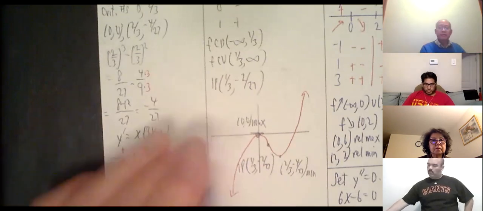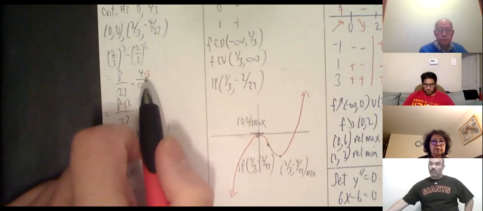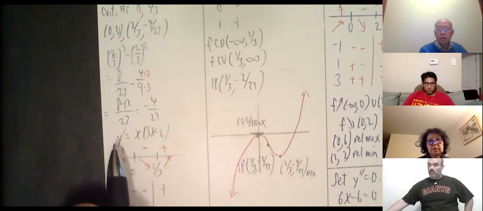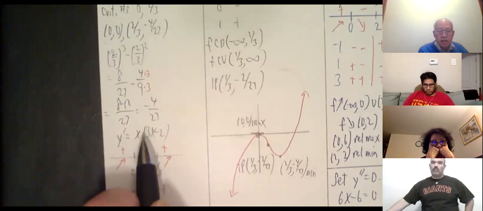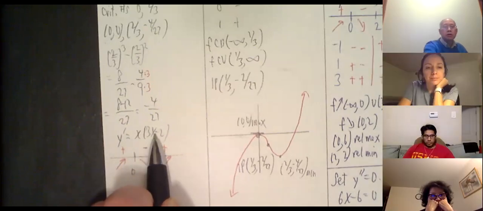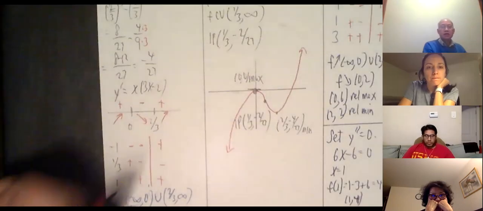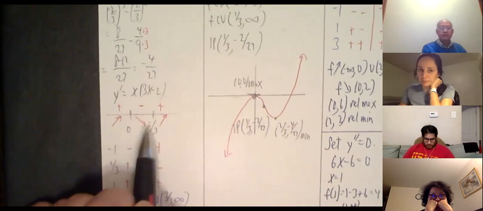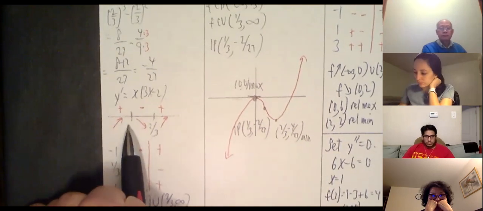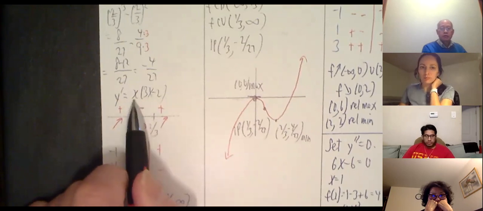This is so far just the same as last time, no different. I make my sign chart. So right now, nothing new from last time. y prime equals x times 3x minus 2. Okay, so what do I put on my number line? I put down 0 and 2/3. Not very convenient. Here's my y prime.